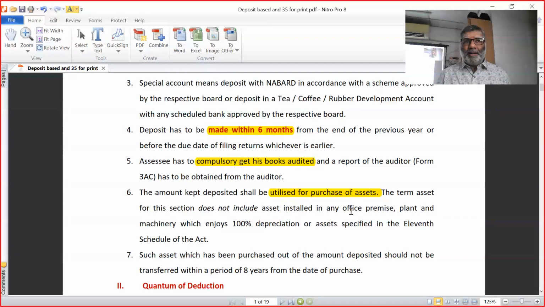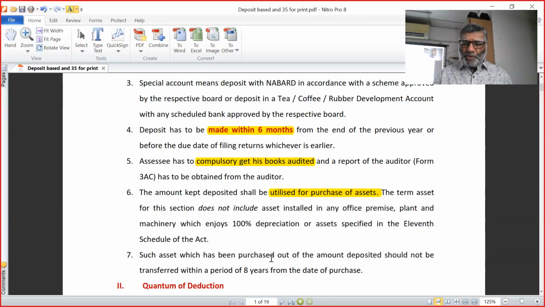So remember, it should be used for field activity. One benefit they will give you is computers used for office purposes, you can still claim the benefit.